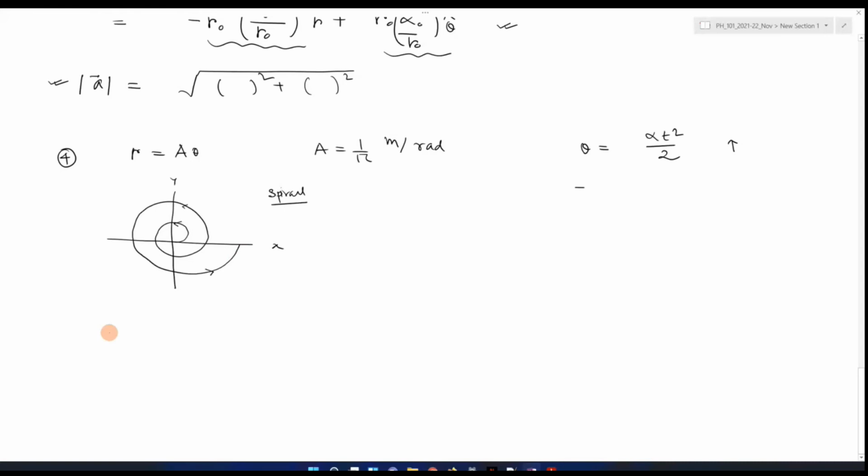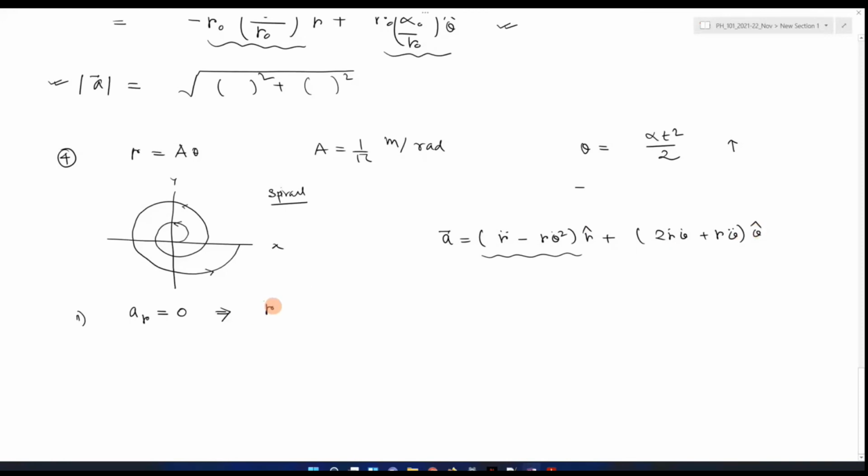Now, in the next part, we are asked to find when the radial acceleration will become 0. For that, you know the acceleration formula. It is actually r double dot minus r theta dot square, I am writing this again and again so that you can remember this, plus 2 r dot theta dot plus r theta double dot theta. The first is called radial acceleration because it's along r cap, and this is called tangential acceleration because it's along theta cap.